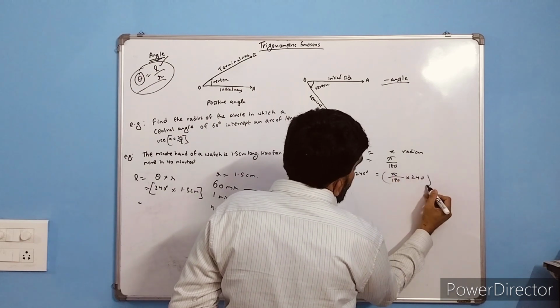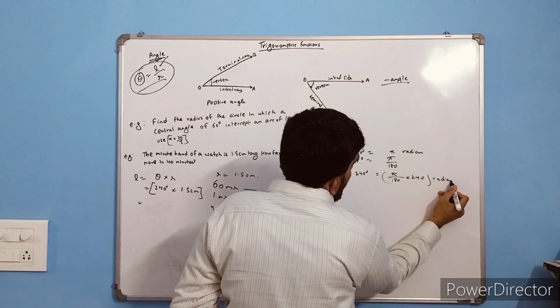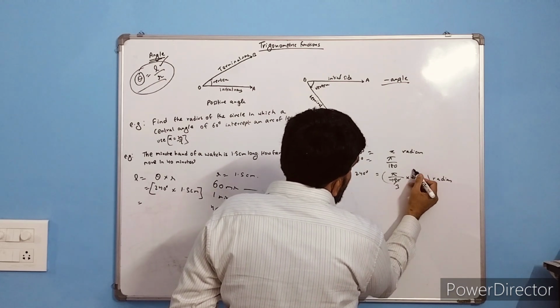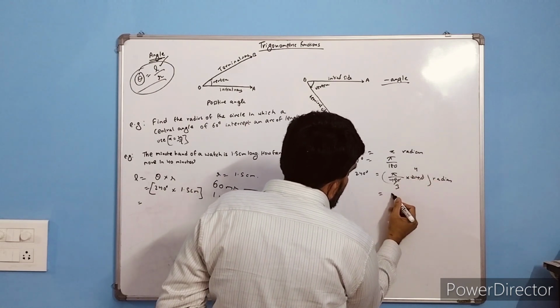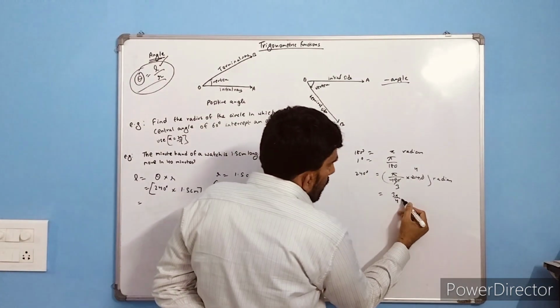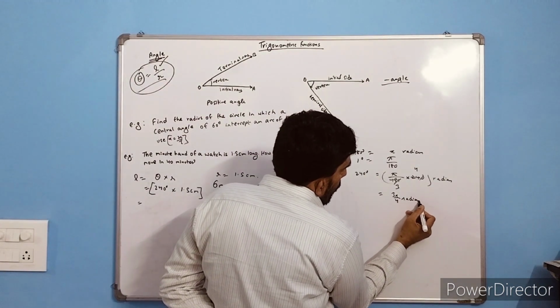Converting it to radians, I got 4 pi upon 3 radians.